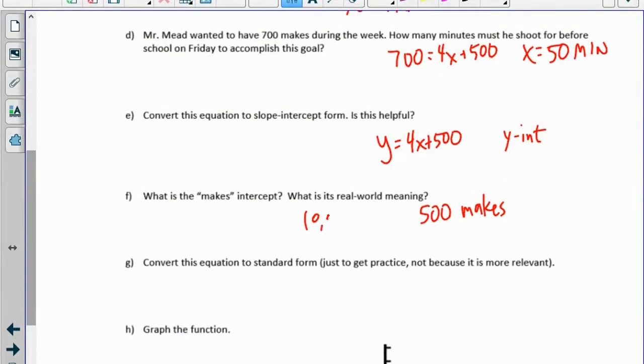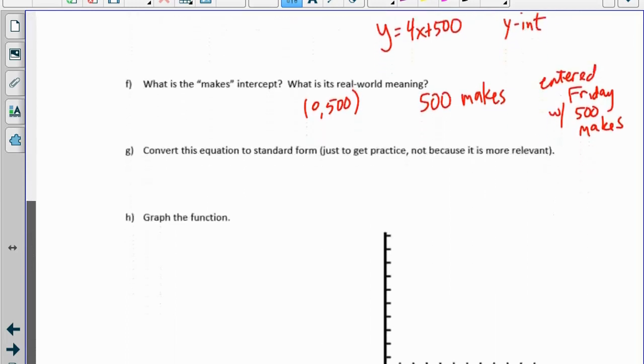What is the real world meaning? That means that he entered Friday with 500 makes already. So that means that entering Friday, he had 500 makes for the week.